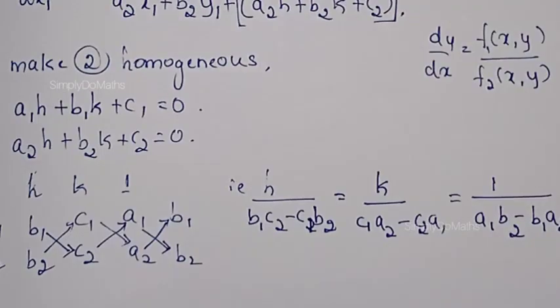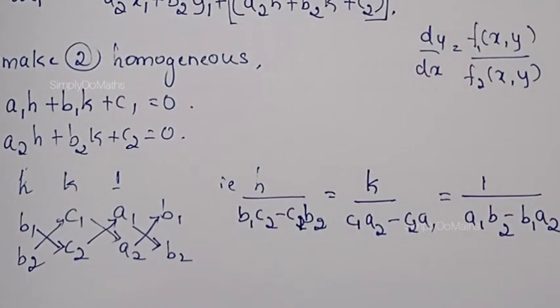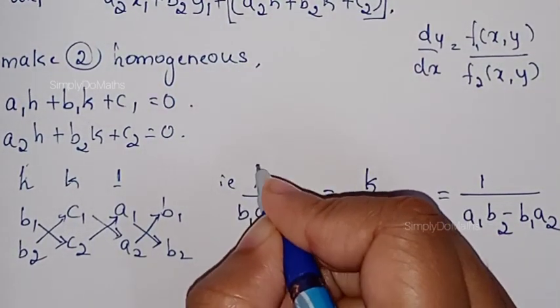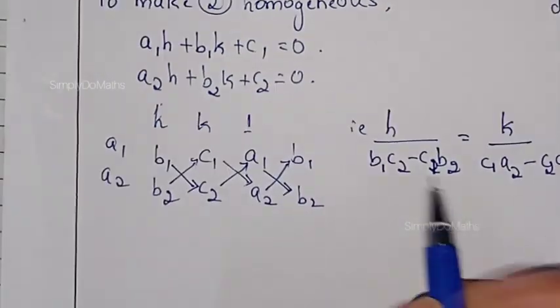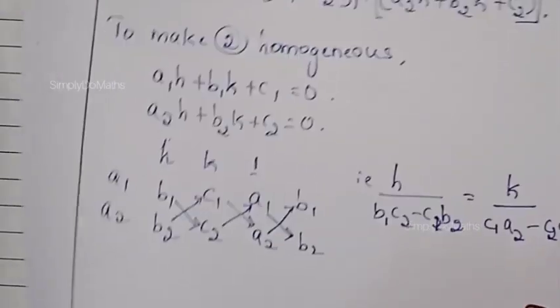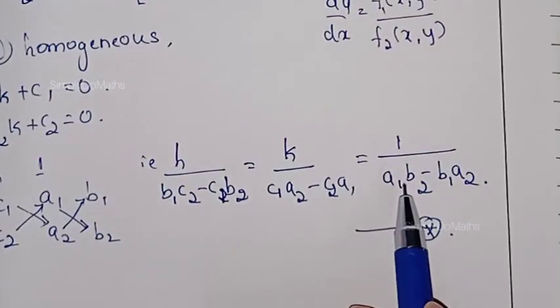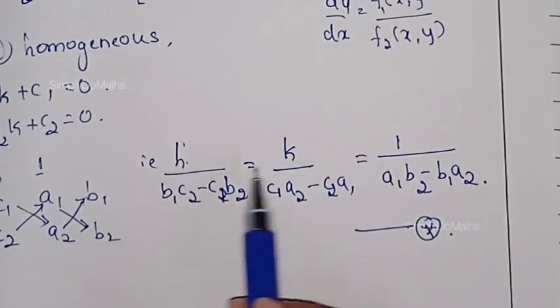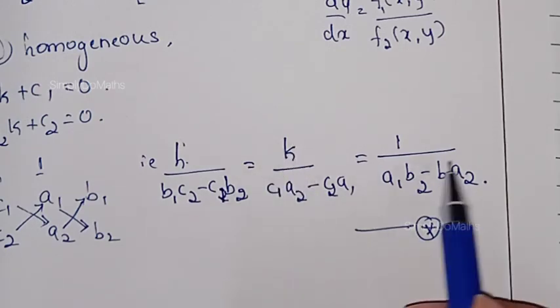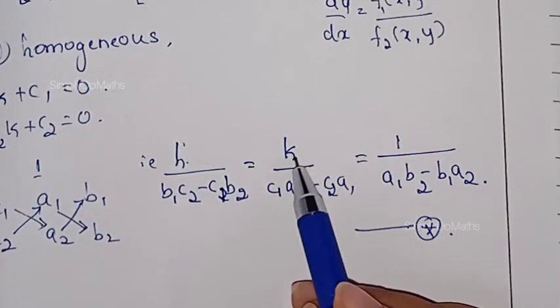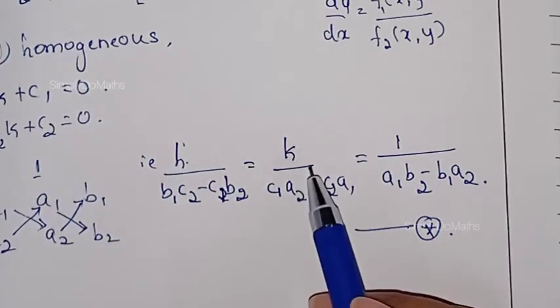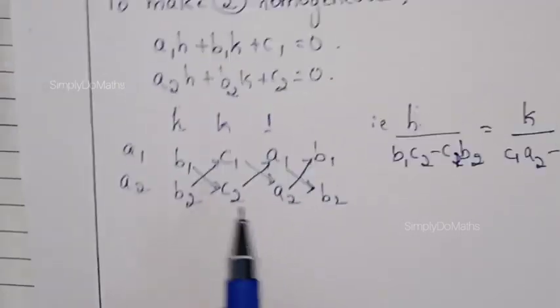Right? So we have the equation like this. Call this equation star. Now, whenever you consider the first factor and the third factor, you will get the value of h. Whenever you consider the second factor and the third factor, you will get the value of k, right? So like this we find the values of h and k in this step itself.